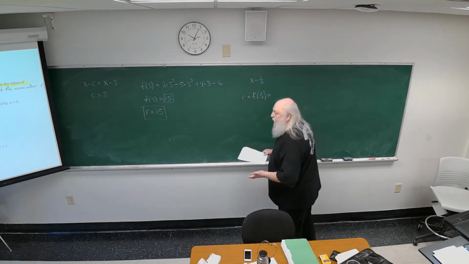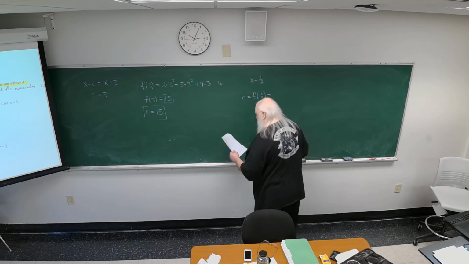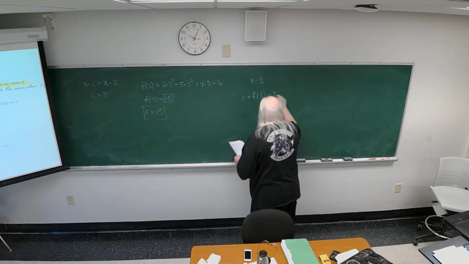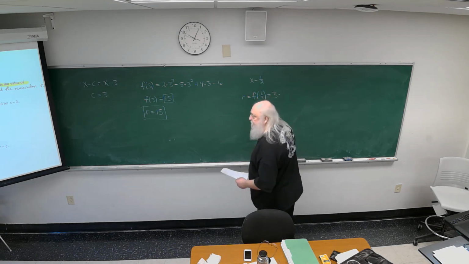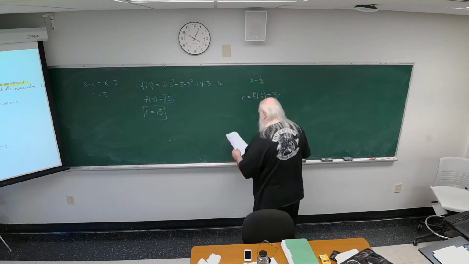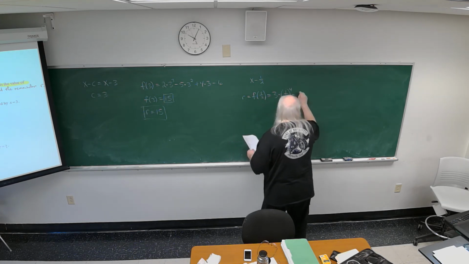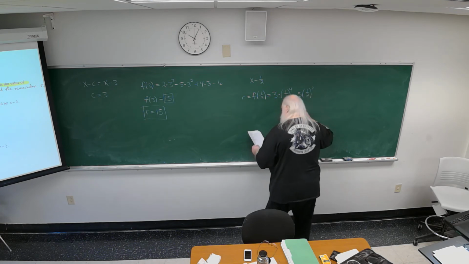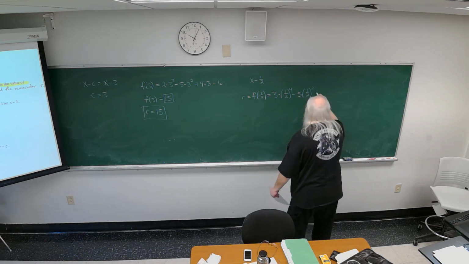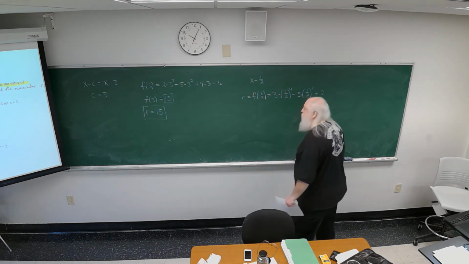And what's f of 1/2? You just put in 1/2 for x in f of x, and when you do that, you get 3 times 1/2 to the 4th minus 5 times 1/2 squared plus 2.